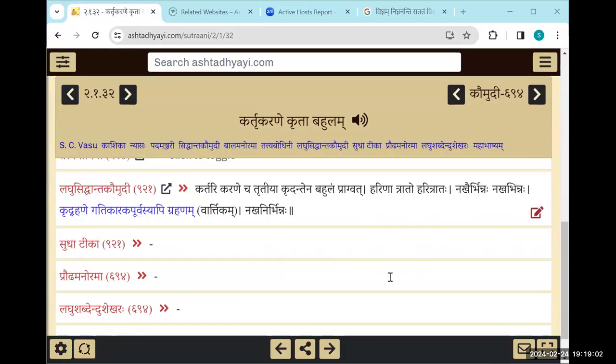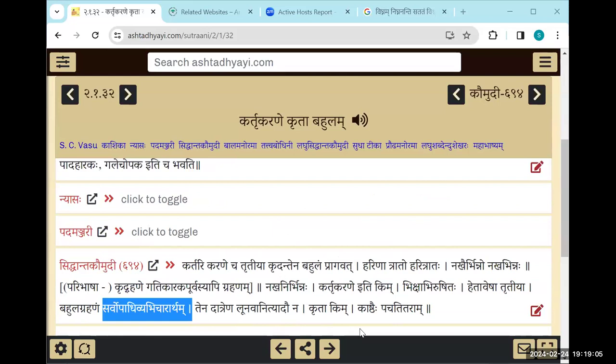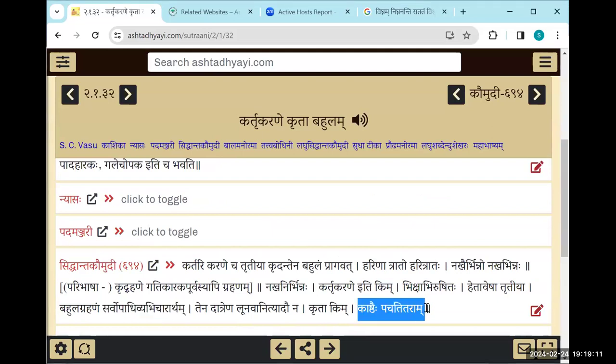Okay. So that is the example here. He's giving, see, kashtaihi pachatitaram. So this you cannot combine. That's why he's keeping it as Tritiya. When you cannot combine, when you can combine, not sure. But if you know the rule, generally, Tritiya in Karane or Tritiya in Kartari generally will combine.